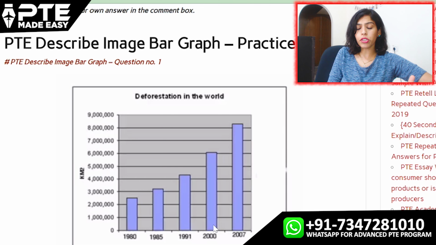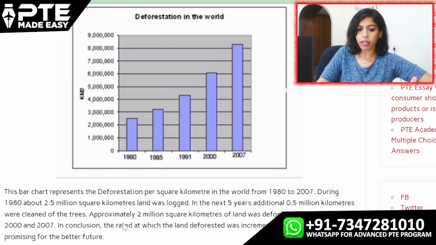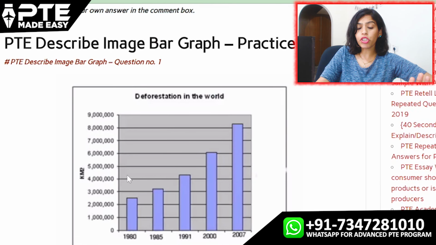So the first sentence should be, the given bar graph represents the rate at which deforestation was taking place across the globe from the year 1980 to 2007.